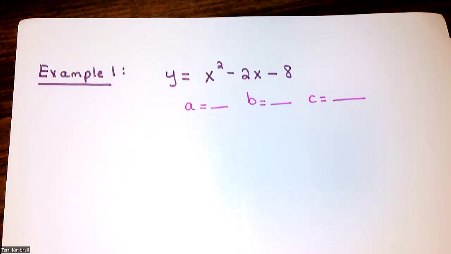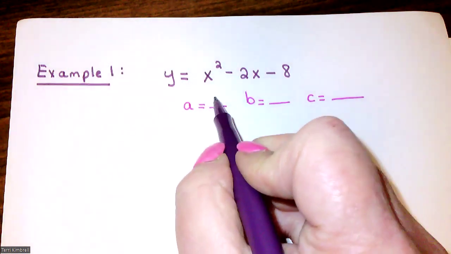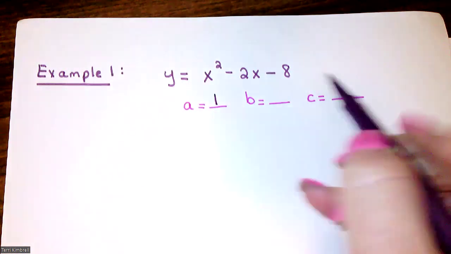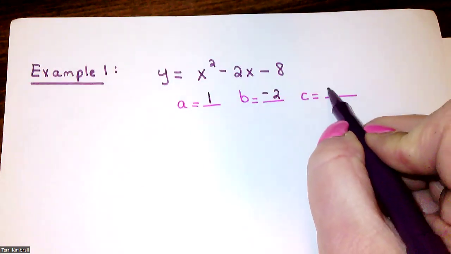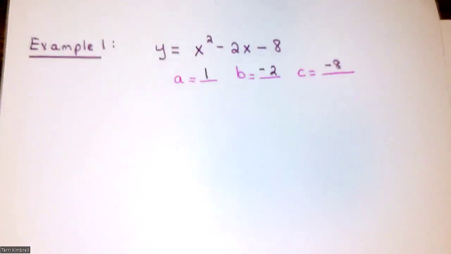Okay, so we're going to go through this question with a lot of the information that I shared with you. So the first thing you want to do is make sure that you have your quadratic in standard form. So since we do, we're going to identify the A, which is 1, your B is -2, and your C is -8.